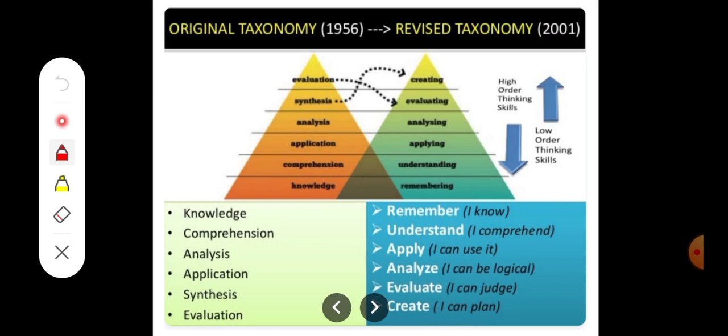Or sorry, I started from the highest level of thinking skill. We have knowledge, comprehension, application, analysis, synthesis, and evaluation. And in the other column, we have remember, which is I know; understand, I comprehend; apply, I can use it; analyze, I can be logical; evaluate, I can judge; then create, I can plan.